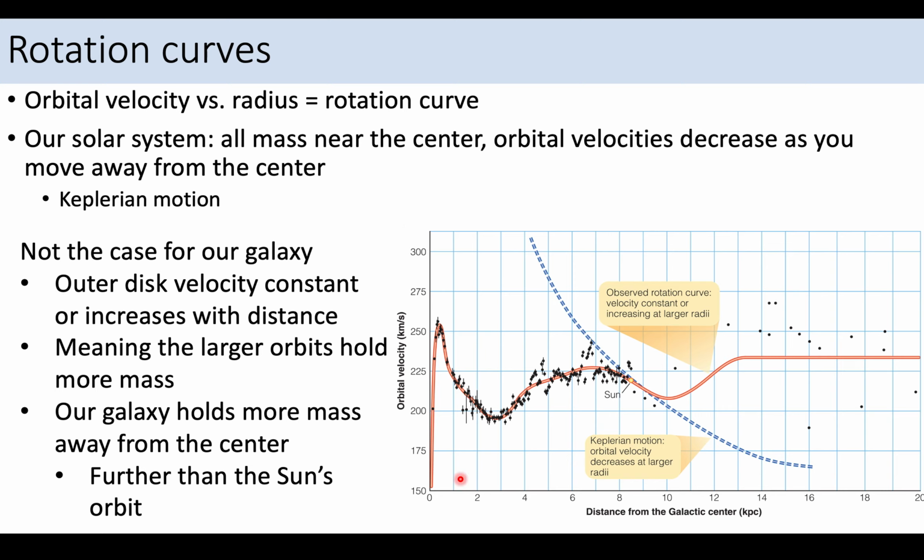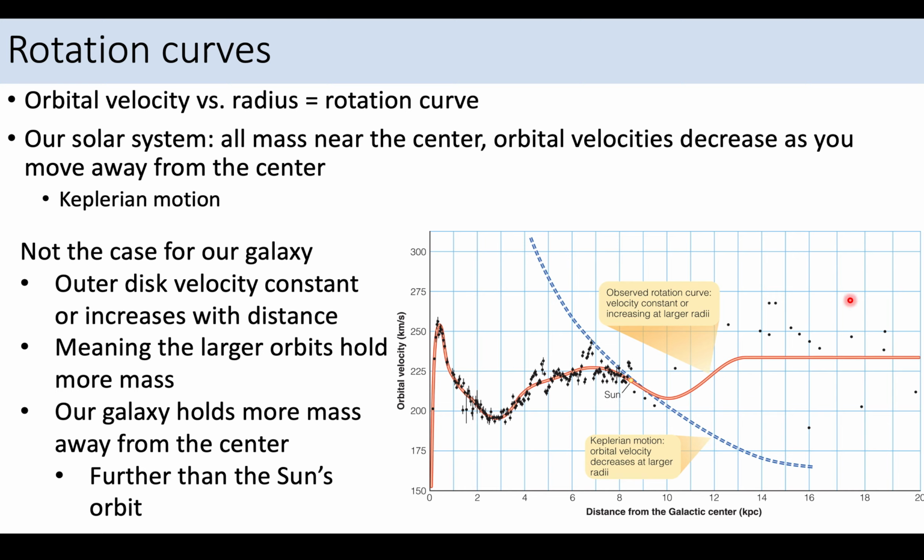So our galaxy here is shown in the red line. We actually notice that the outer disk, way over here, very far from the galactic center, is pretty constant, and actually there's this increase in speed here. So what this is saying is that the larger orbits, the orbits that are very far from the galactic center, actually have a lot of mass.